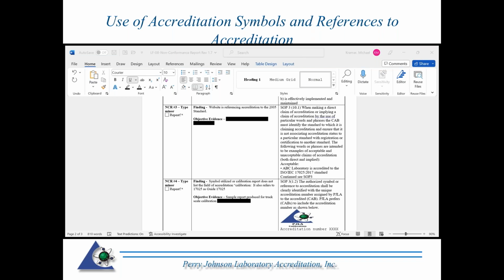And also found another instance on a report where it was not using the field, particularly calibration. It was referencing guide. It was not specifying accreditation. Remember, it's ISO IEC 17025 accredited. It's not guide 17025. It's accreditation.